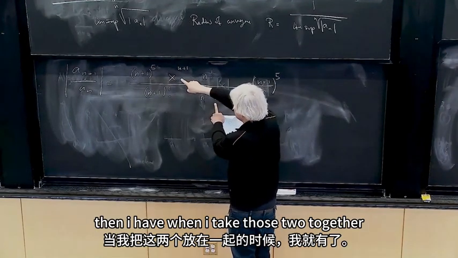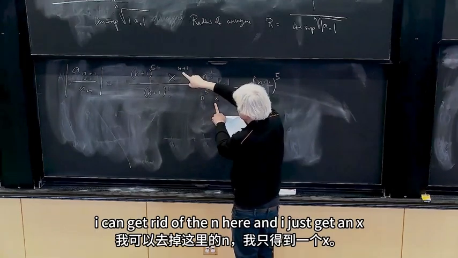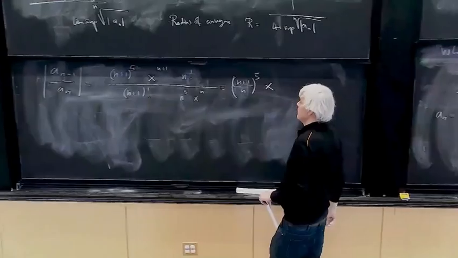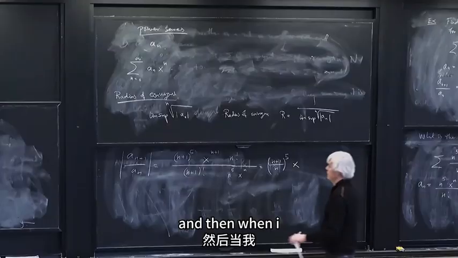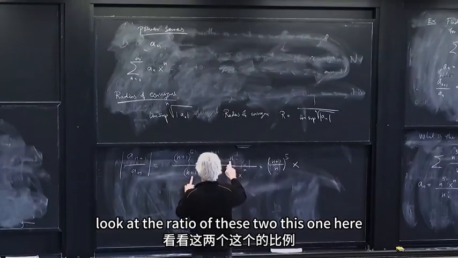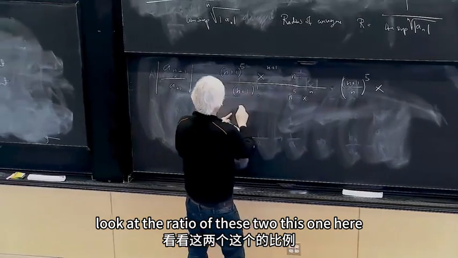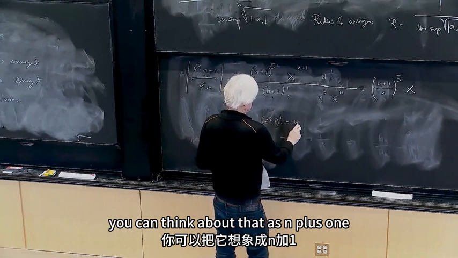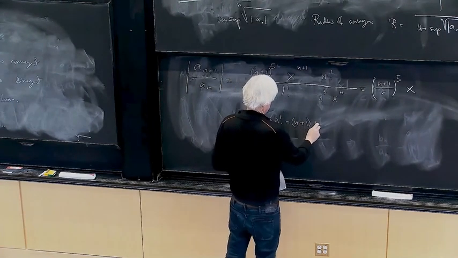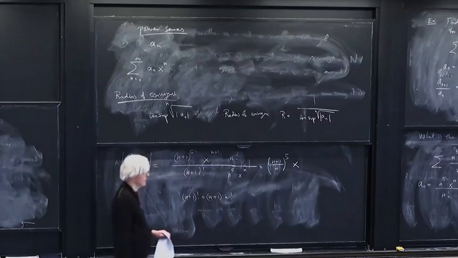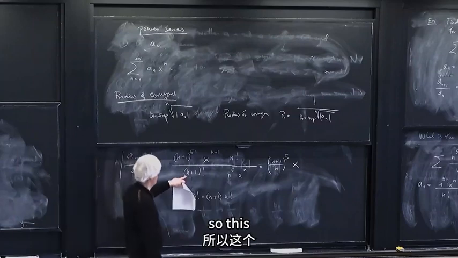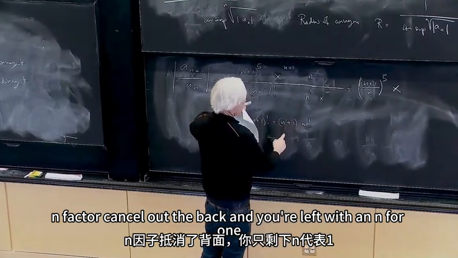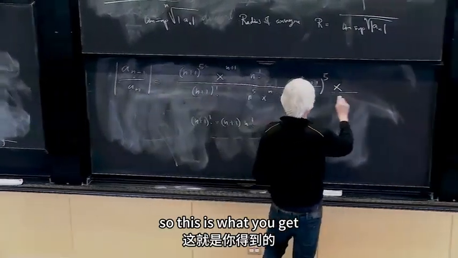Then when I take those two together, I can get rid of the x^n, and I just get an x. And then when I look at the ratio of these two, (n+1) factorial you can think about as n+1 times n factorial. Right? So this n factorial cancels out with that, and you're left with n+1. So this is what you get.